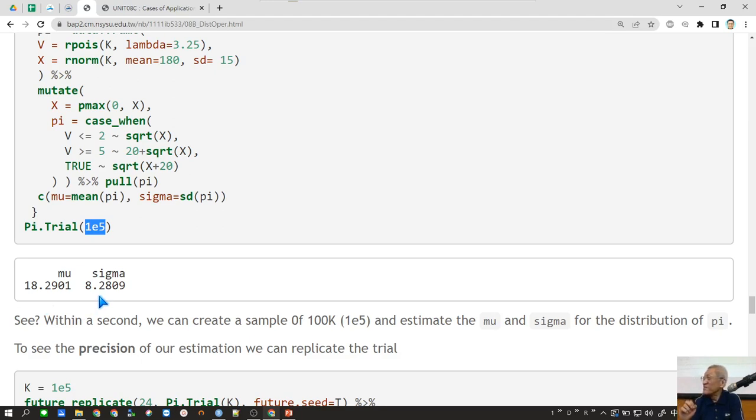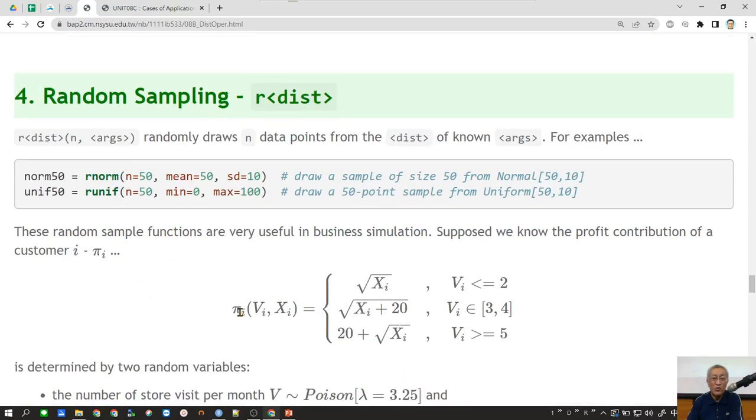That is the way that we use simulation to deal with our complicated business situation. The thing that you want to estimate, by itself, does not follow any theoretical pre-existing distribution.